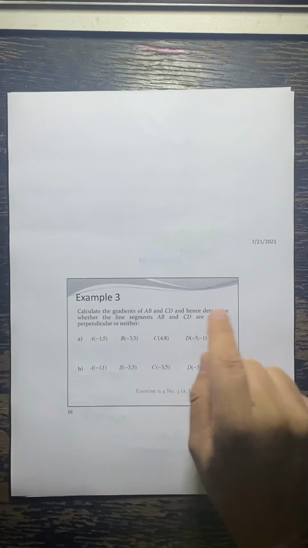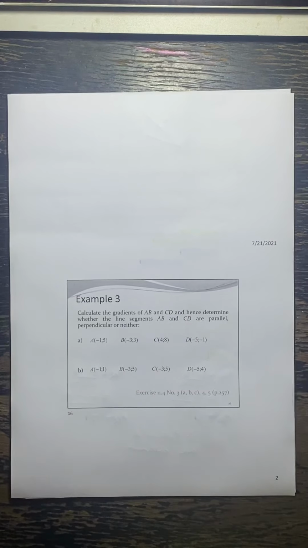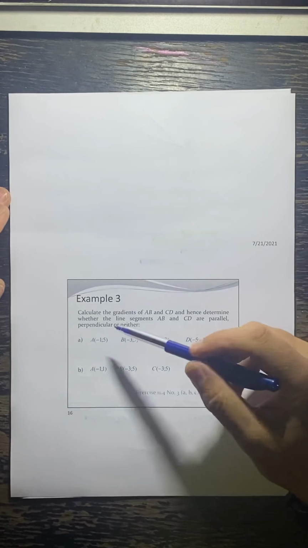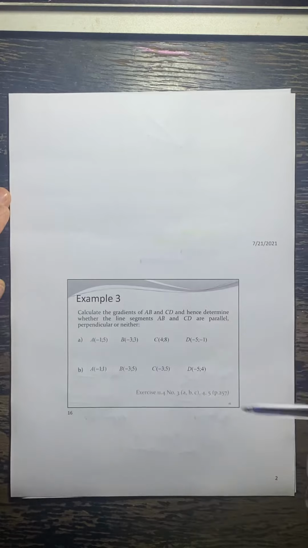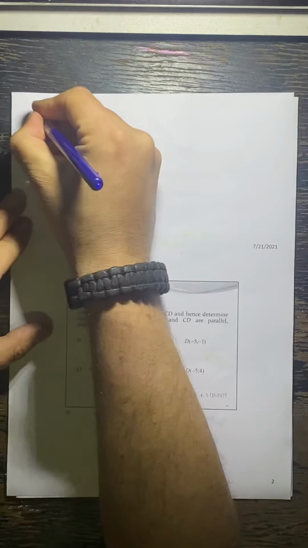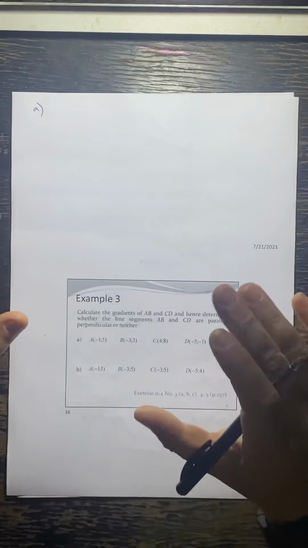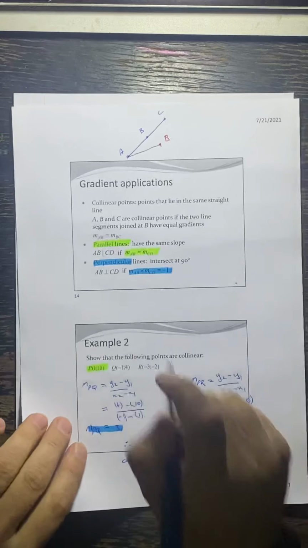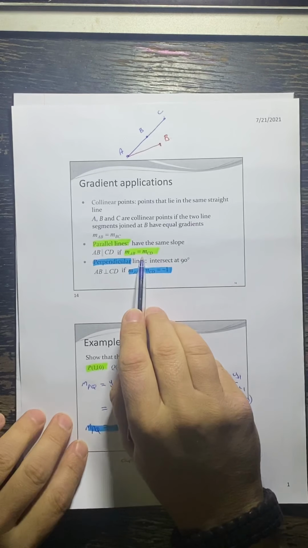Calculate the gradients of AB and CD, and hence determine whether the line segments AB and CD are parallel, perpendicular, or neither. And we've got 2 different questions here. So question A. Now, remember over here, if lines are parallel, they have the same gradient.